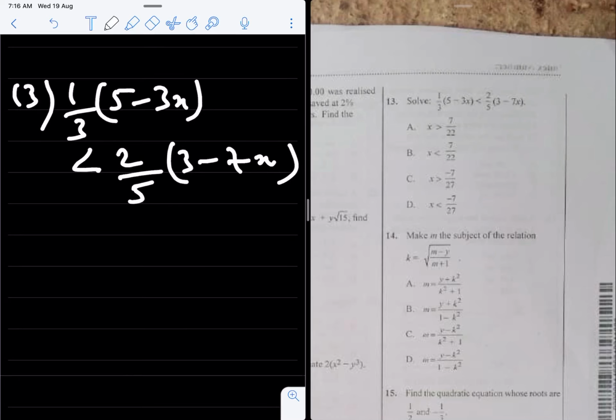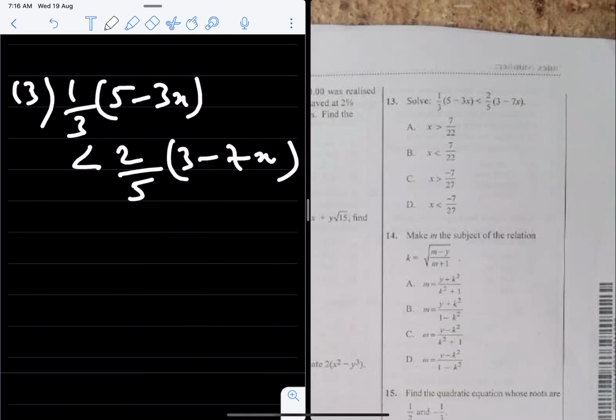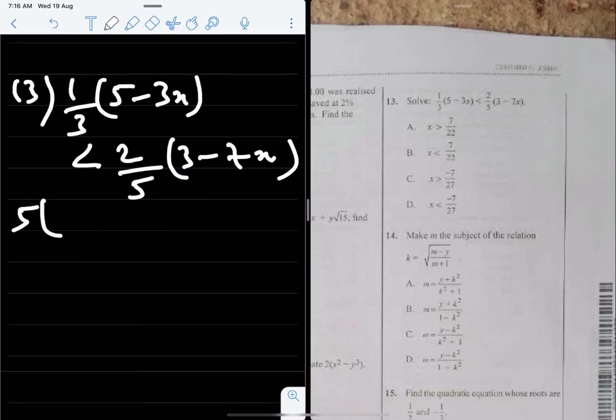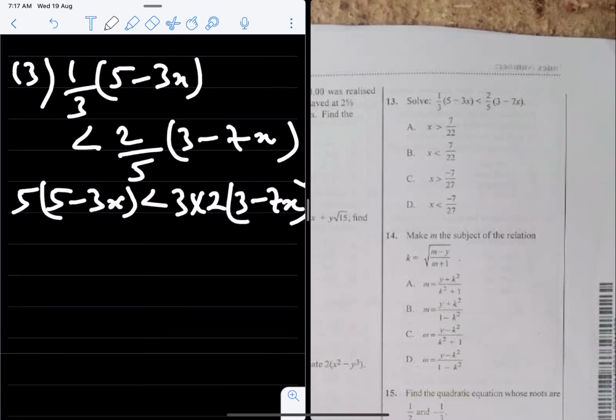That's 15. So if I multiply the left hand side by 15, I'm going to have 5 into bracket 5 minus 3x is less than. If you multiply the right hand side by 15, you have 3 times 2 into bracket 3 minus 7x.